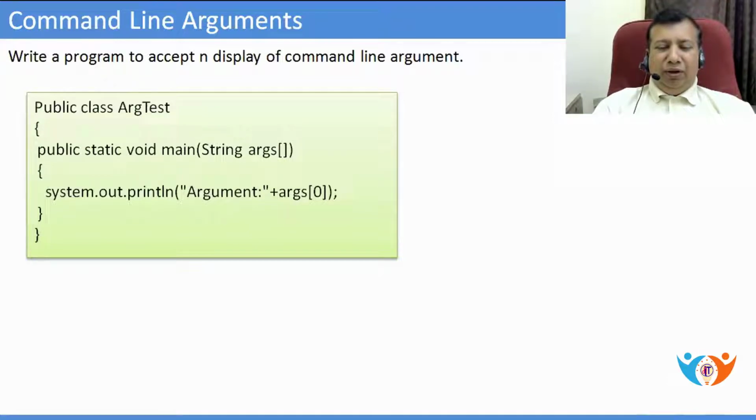As per the rule, if any one operand for plus is of type string, it will work as concatenation. If both operands are numeric values, then it will work as arithmetic addition. It's a simple program that accepts one command line argument and displays it on the screen.